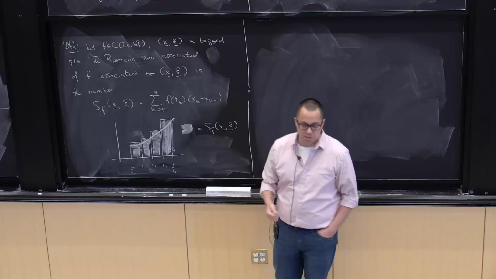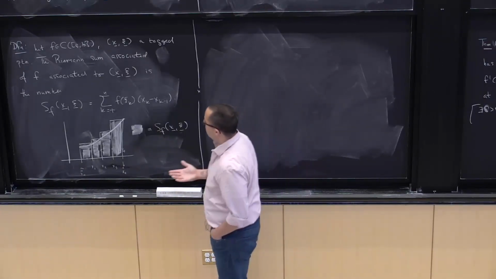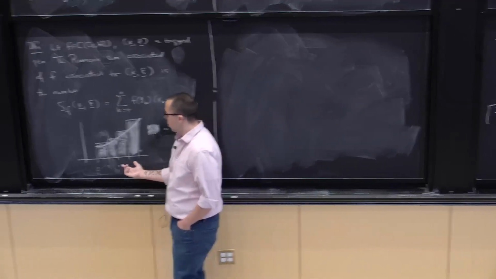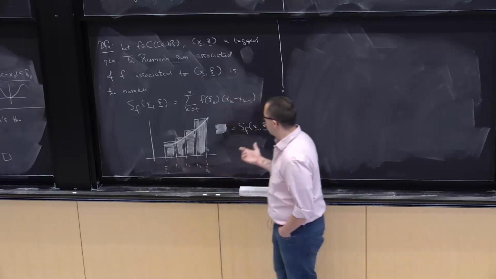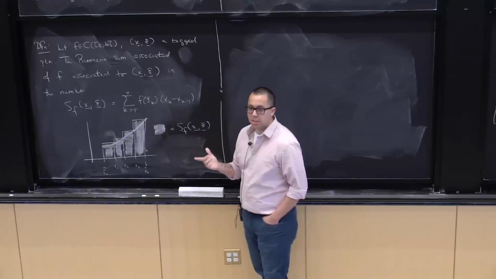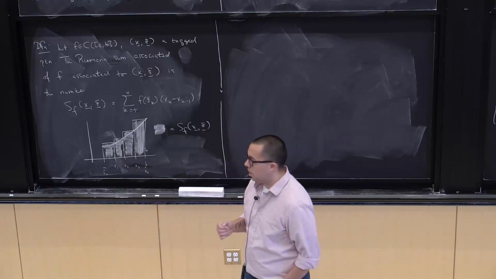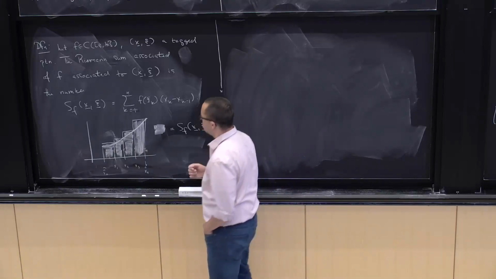Now for this to work, we have to show that as we take partitions with smaller and smaller norm, these approximate areas actually do converge to some number. And that's going to be the content of the next lecture, in which we'll prove the existence of the Riemann integral and do some properties about it.